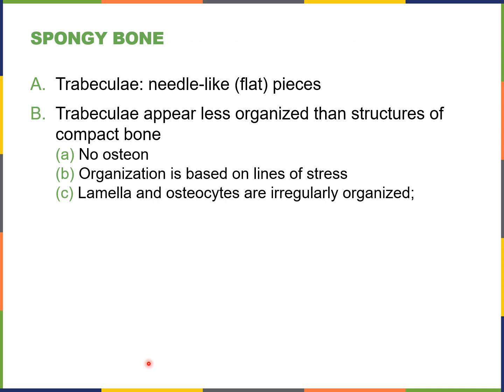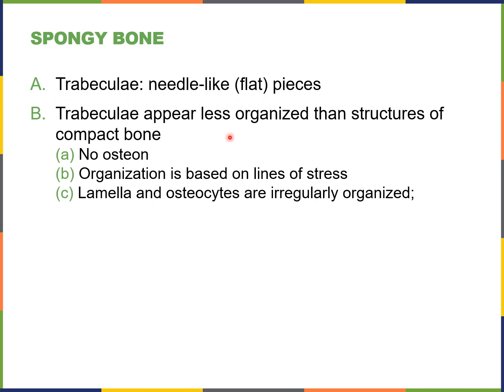While the compact bone is the outer covering of the bone and provides a little bit more strength and support, the spongy bone is within that, right? This doesn't have osteons, and it's organized seemingly irregularly. It's a little bit less organized than we saw with the osteons or the Haversian systems in the compact bone. The spongy bone has something known as trabeculae, and these are needle-like or flat pieces.